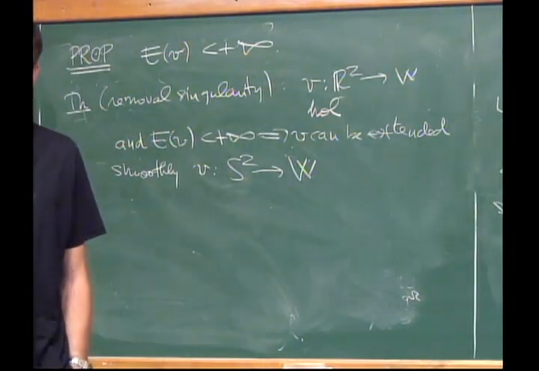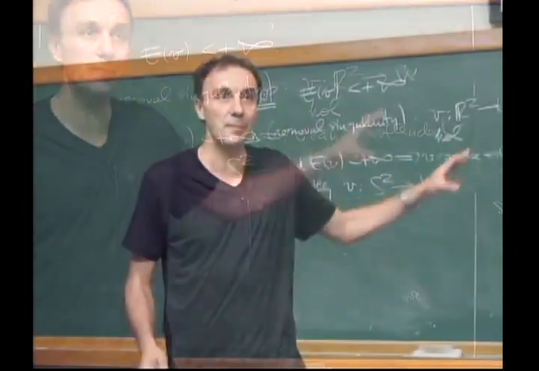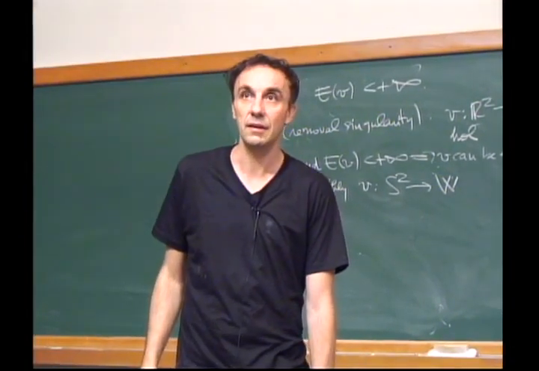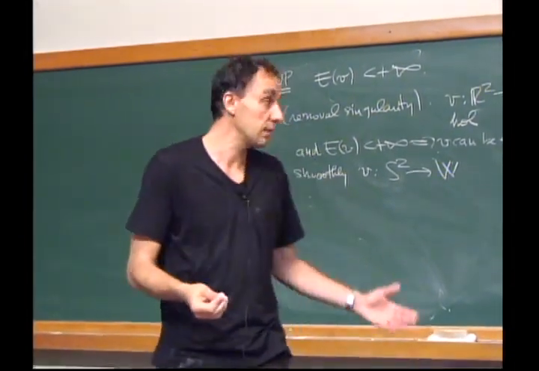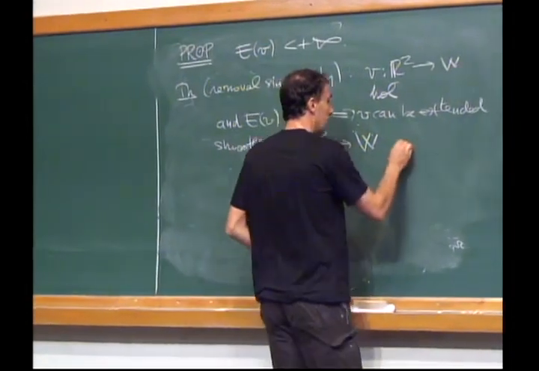Okay. So this is the object which will provide a contradiction. This is actually a holomorphic sphere.